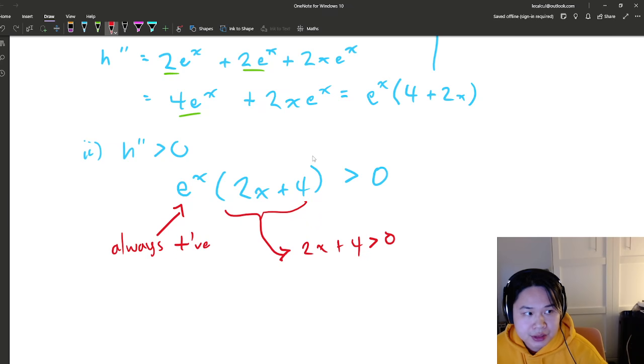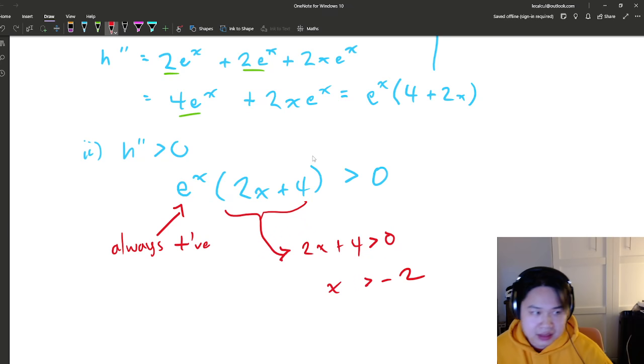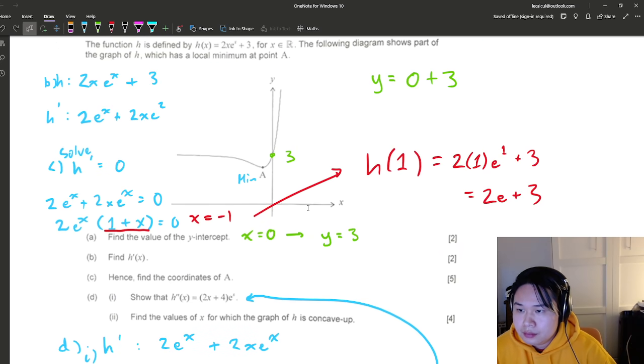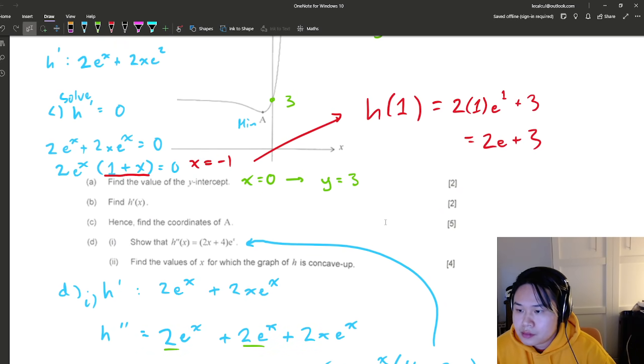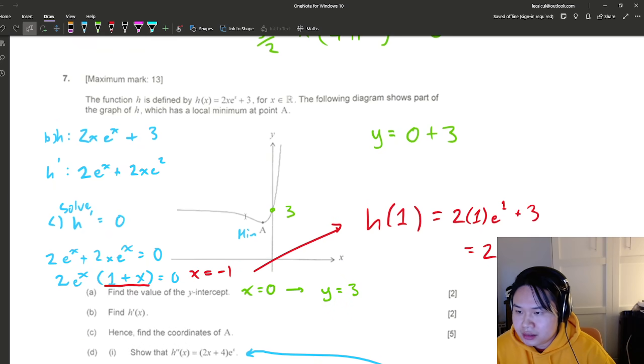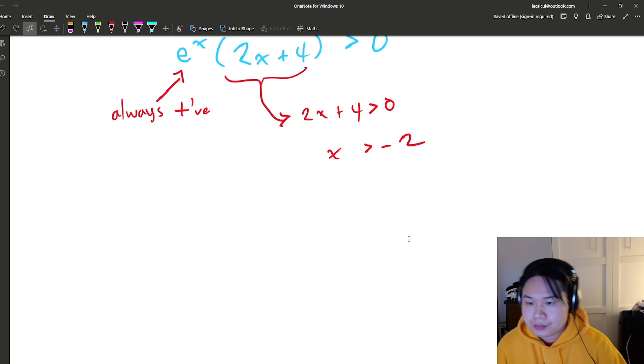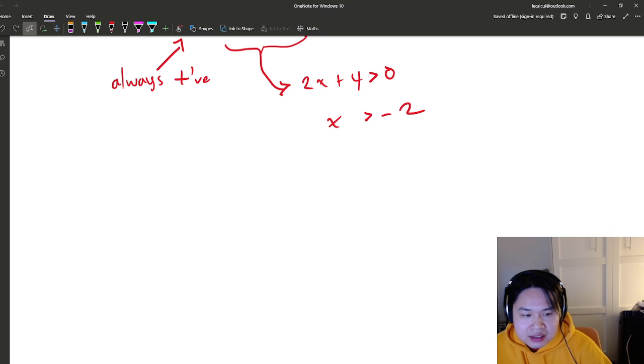And this is pretty straightforward. We're just solving for x. So x needs to be greater than -2. So as long as you're greater than -2, which is somewhere here, probably, you can see your function's concave up. Okay, that one's a little tough.